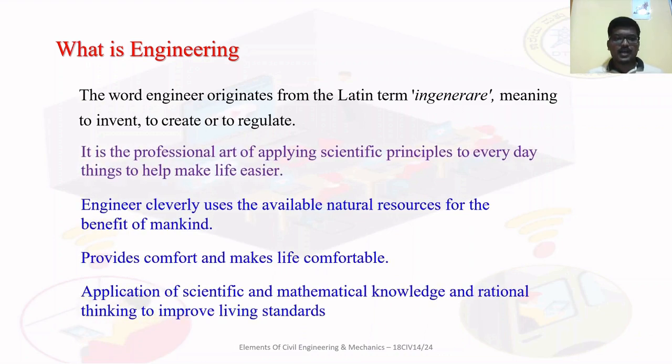Engineering is the professional art of applying scientific principles to everyday things to make life easier. An engineer uses the available natural resources for the benefit of mankind, and provides comfort and makes life easier. He also applies scientific and mathematical knowledge and rational thinking to improve living standards.